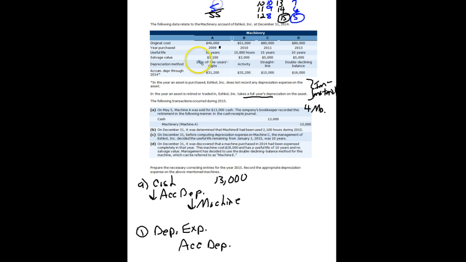So in our formula, our fraction is going to be 5/55, because year 1, 10, year 2, 9, year 3, 8, year 4, 7, year 5, 6, and here we are in year 6 of the asset's life in 2015, number 5. Okay, and then we want to take that times the amount to be depreciated. So we're going to take its cost, $46,000, subtract salvage, which is this $3,100.